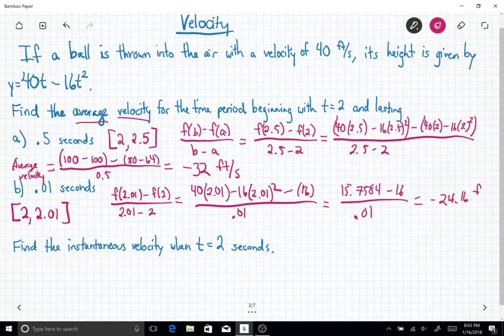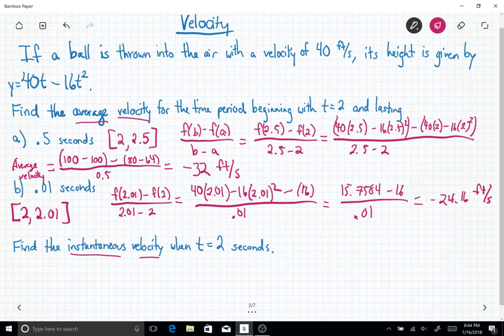And so notice this will be equal to negative 24.16 feet per second. And what can happen is we can take smaller and smaller intervals. So instead of 2 to 2.01, and then you could do 2 to 2.0001, right, and keep on going on down the line. What happens is we're getting closer and closer to this idea of instantaneous velocity.